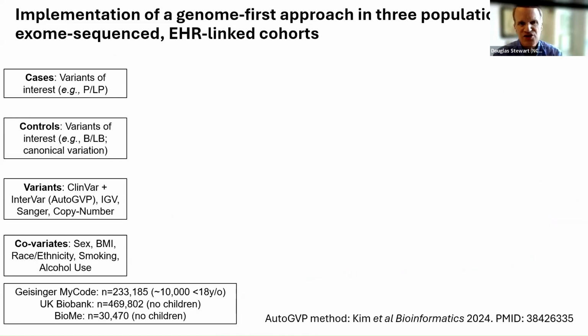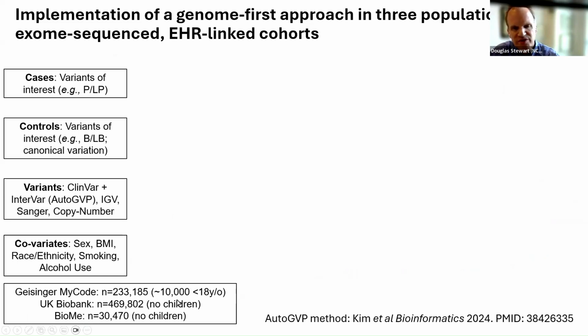This is a cartoon that shows generally how we approach these genome first approaches. We use Geisinger, listed there, and UK Biobank, which of course is effectively publicly available at very modest cost. And then we've also worked with Bruce Gelb at Mount Sinai on the BioMe cohort.